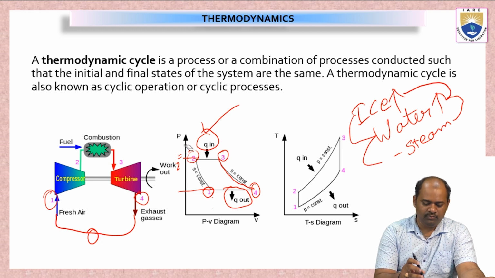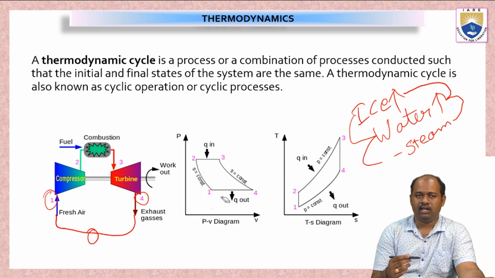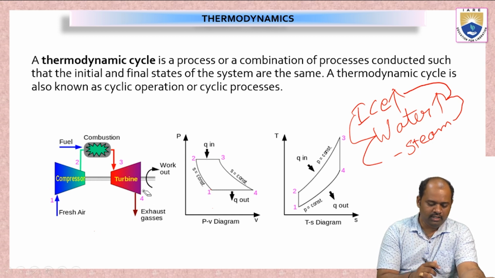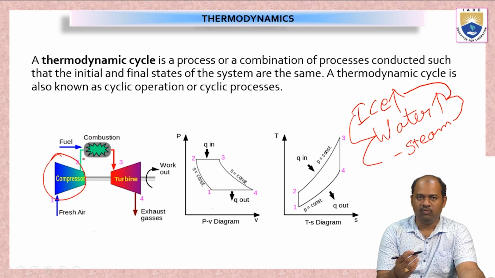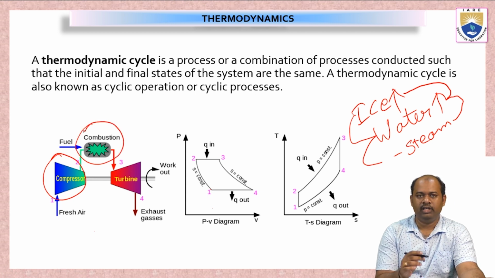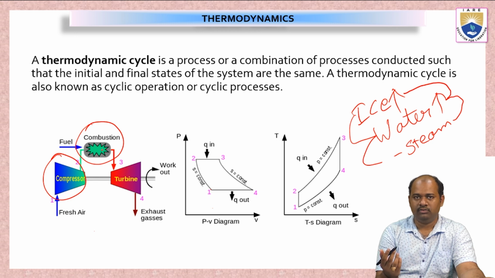Now from this we can clearly understand that this is a cyclic process where we are initially starting with air. We will take fresh air initially and this air will be sent into the compressor where it is compressed to low volume and high pressure, and from there it is sent into the combustion chamber where fuel is added to that air and combustion will happen, where the volume will increase due to combustion.